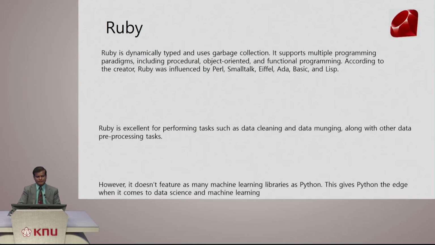Another interesting language is called Ruby, and it's a dynamically typed language that uses garbage collection support. Ruby is excellent for performing tasks such as data cleaning, data munging, along with other data pre-processing tasks.